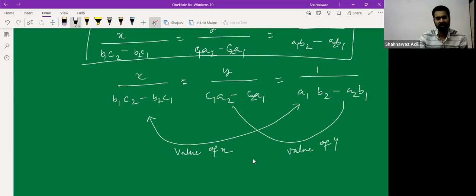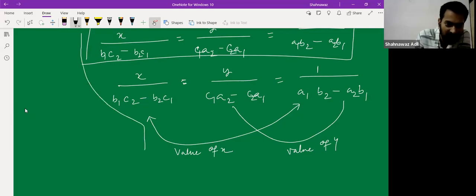So this is the cross multiplication method. Are you guys noting it down? Yes, sir. I will write it on the side here: BC, CA, AB. Just remember that. This is the formula.